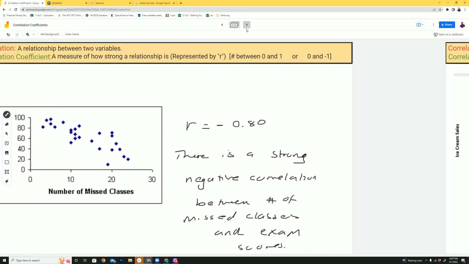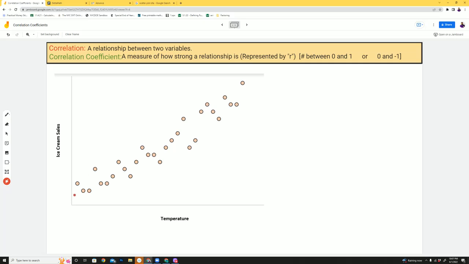Let's take a look at another one. Here, I see my data is going upward from left to right. If I were to draw a straight line, it would look something like this. Since it's going upward, I know it's a positive correlation. The dots are kind of close together, so I'm going to estimate that the correlation coefficient is 0.85.